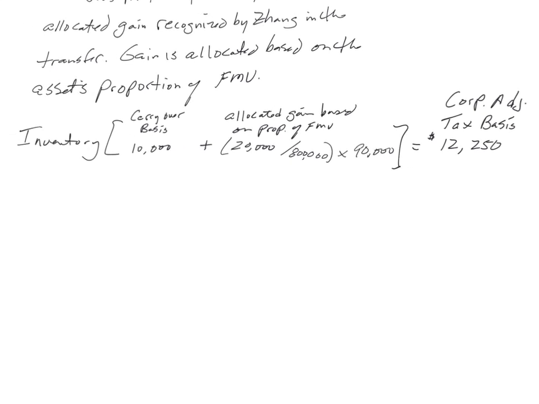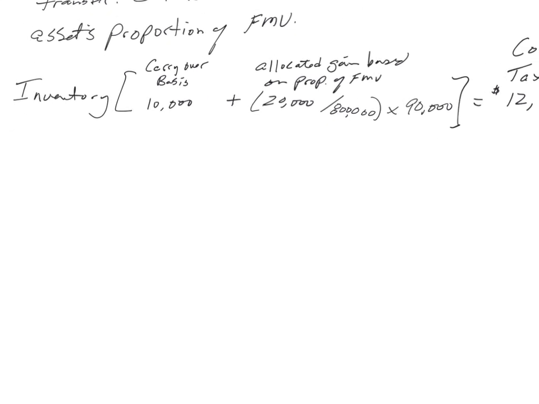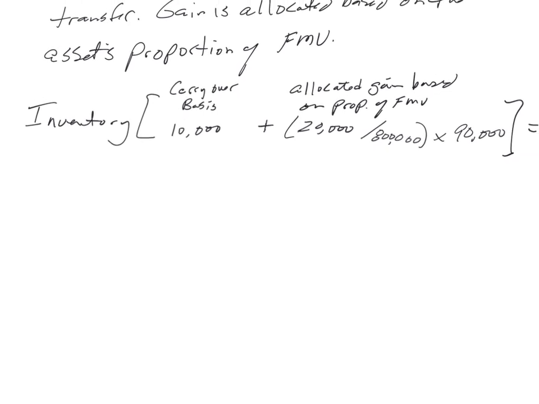So we have to do that for the building and the land as well. All right, so I'm going to make this a little bit easier to write. Okay, so we started with the carryover basis. So we got to find our carryover basis. And that was $100,000 plus its allocated portion of the gain based on its proportion of fair market value.